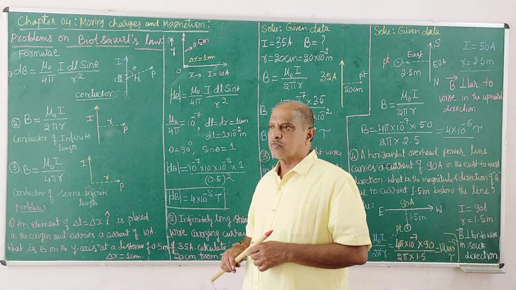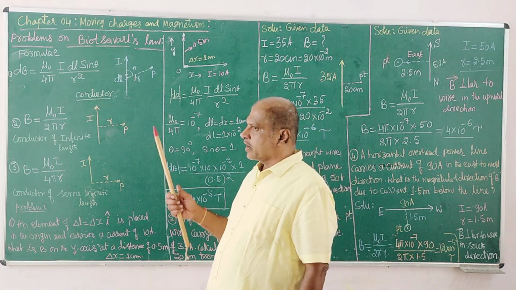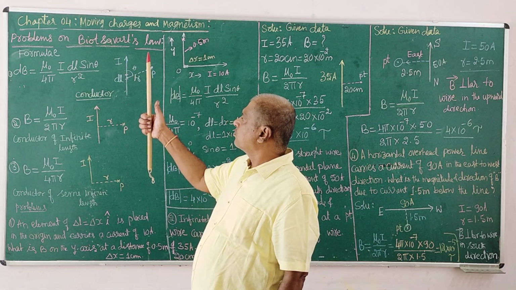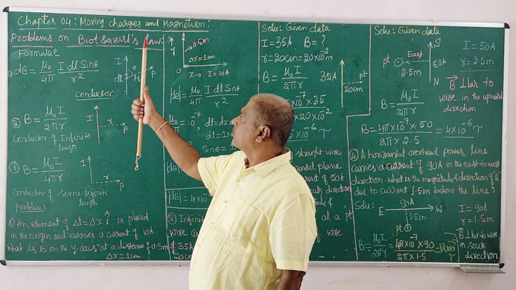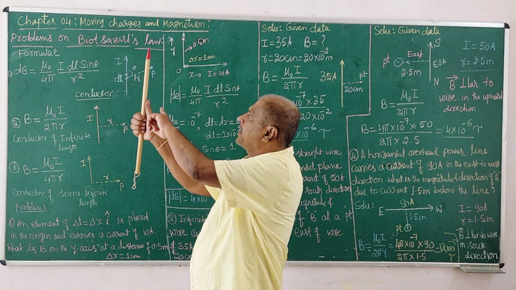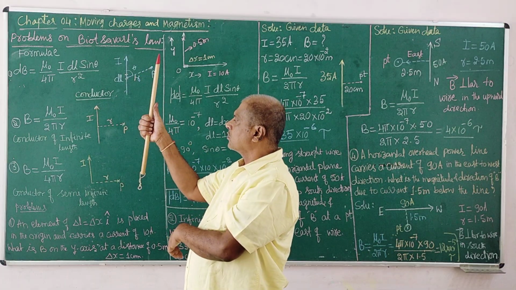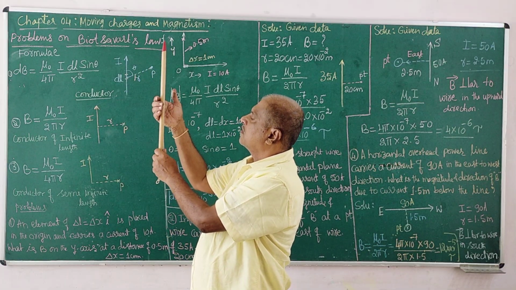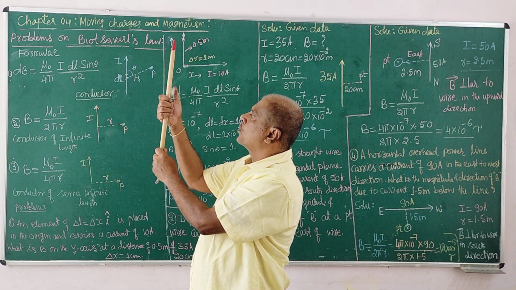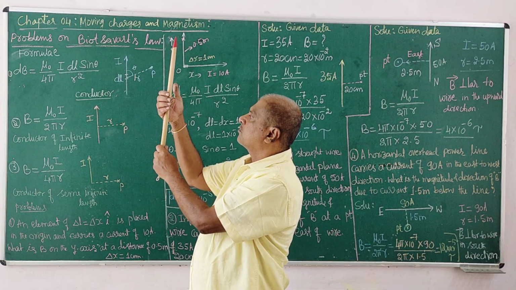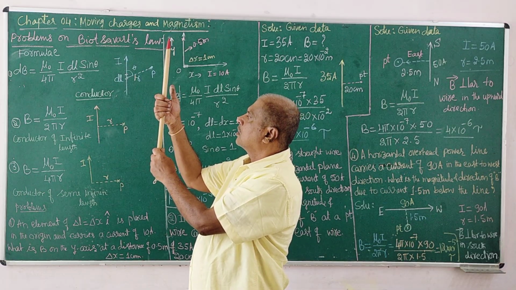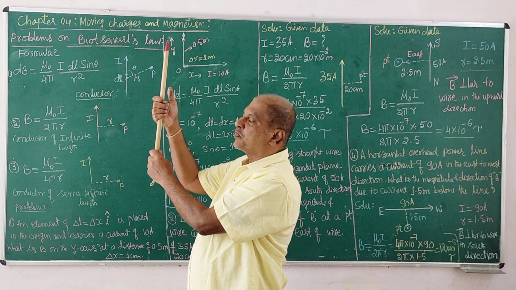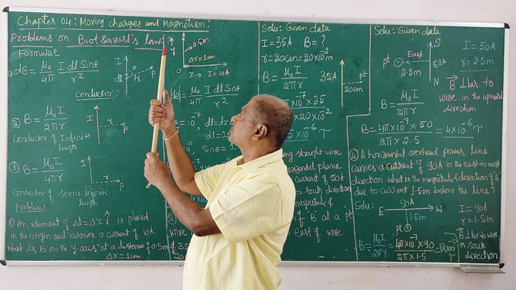It says if you hold a conductor with the right hand, directing the thumb in the direction of the current, the fingers curl around, which indicates the direction of the magnetic field lines.